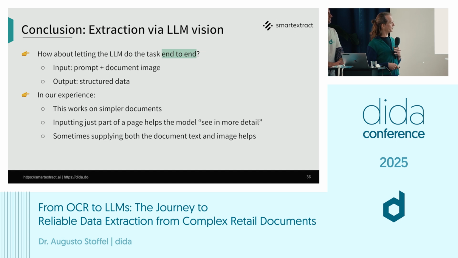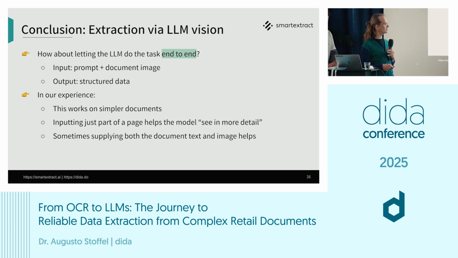But it can be done. And then something else I didn't mention before, but sometimes supplying both the image and the OCR text, so two times the same information in different formats, this sometimes also helps the LLM. It's an idea you could maybe apply in some cases.